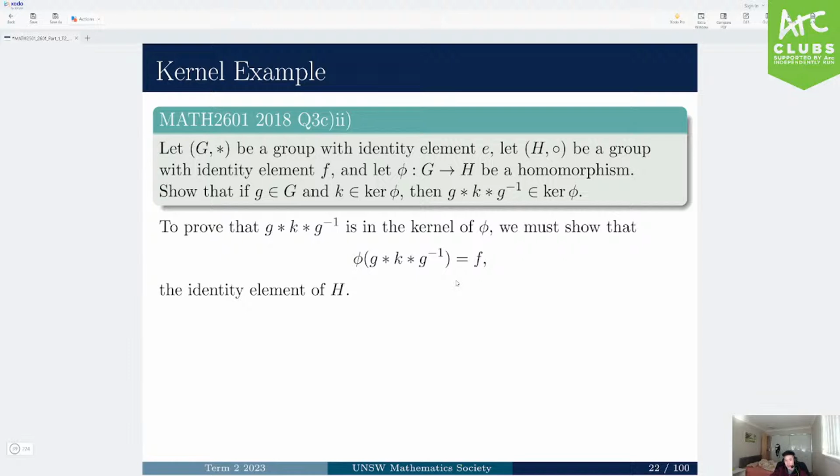Well, we know that phi is a homomorphism, so if we take phi of a multiplication inside, we can split that out to be phi of g multiplied by phi of k multiplied by phi of g inverse. So let g be an element of G and k be in the kernel of phi. That's just looking at the if condition that we're given.